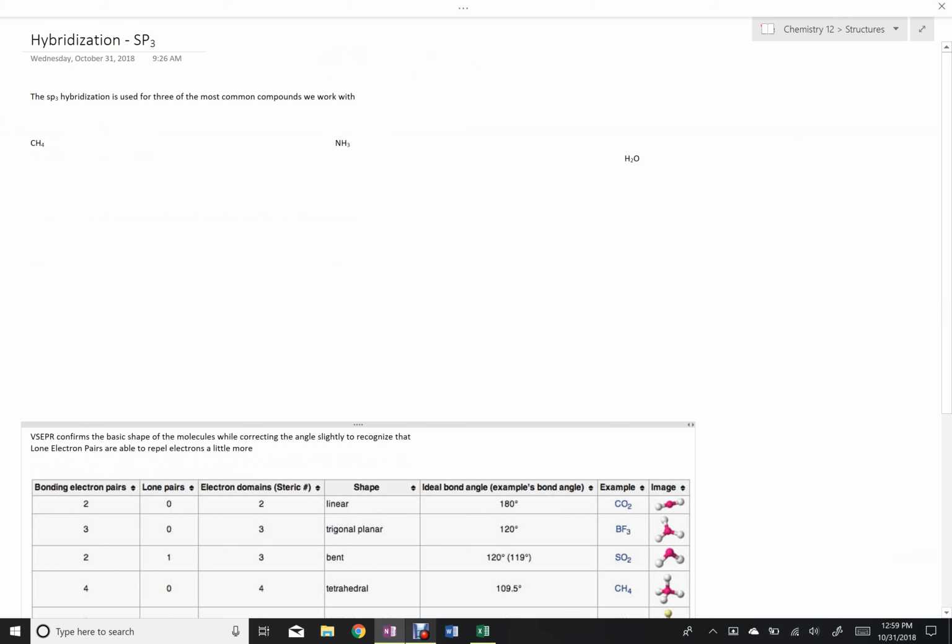To do that, I'm going to focus on three molecules that all have the sp3 hybridization. I'm picking that because it's one of the more common hybridizations, and because these are three molecules that we work with really regularly, so we should explore these in a little bit more detail. Now, when I say sp3, what that means is that I have 4 sites where electrons exist.